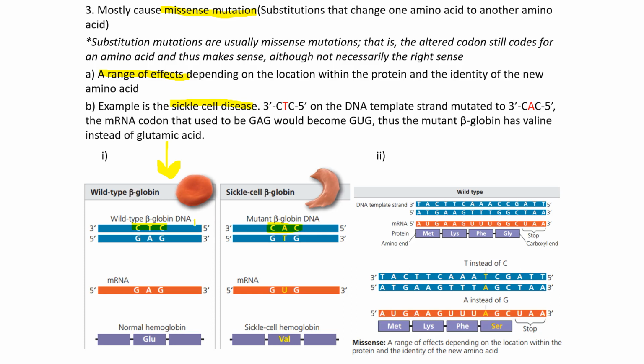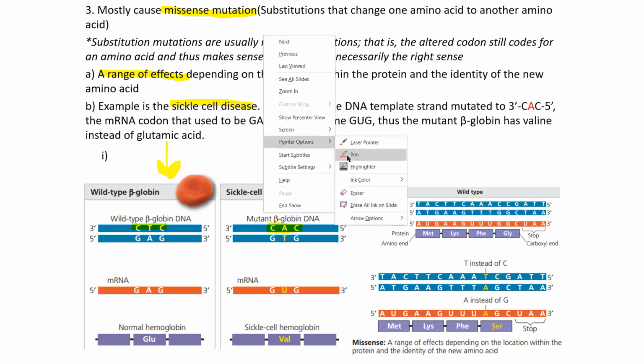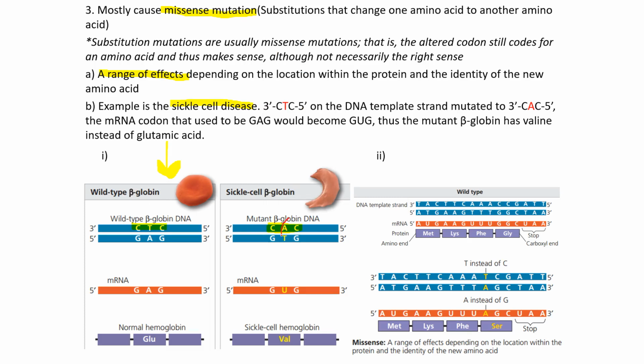So what happened here? The T is replaced with A, as you can see from here. So the mRNA codon that used to be GAG will become GUG.